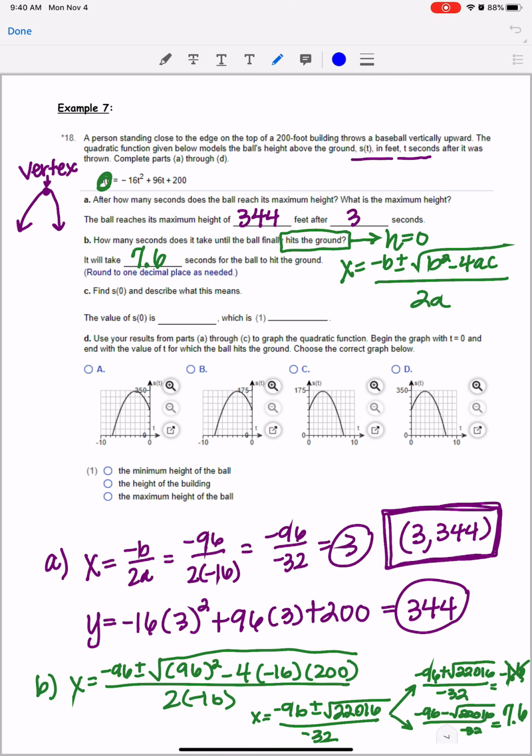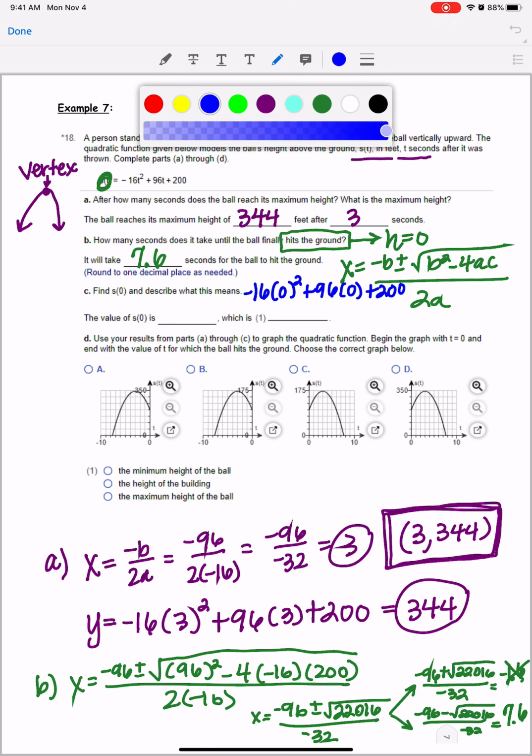C says find s of 0 and describe what this means. When you have s of anything, that means this is your x, what you're plugging in. So in place of both of these t's, usually we see x's, we're plugging in 0. So we've got negative 16 times 0 squared plus 96 times 0 plus 200.